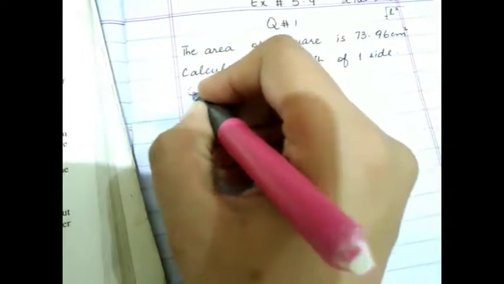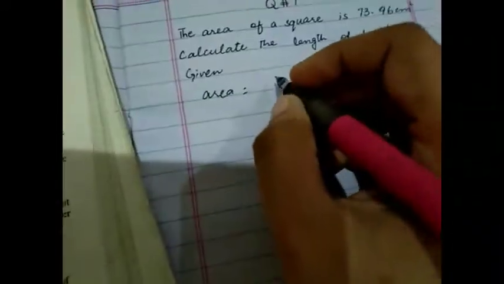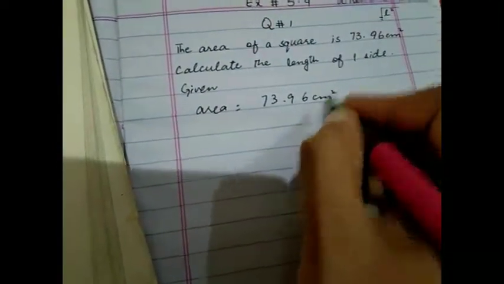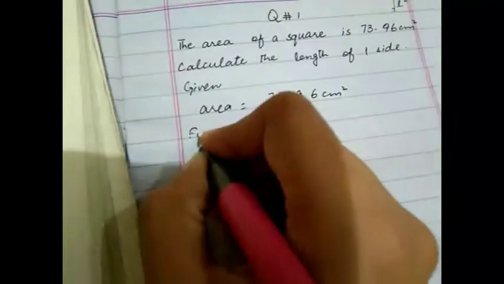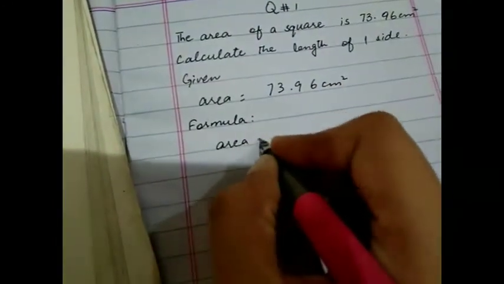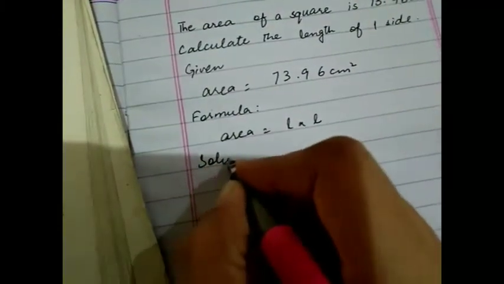let's start. Given data is area, which is equal to 73.96 centimeter square, and the formula that we will use in it is area is equal to L multiplied by L. Put the values in that formula.